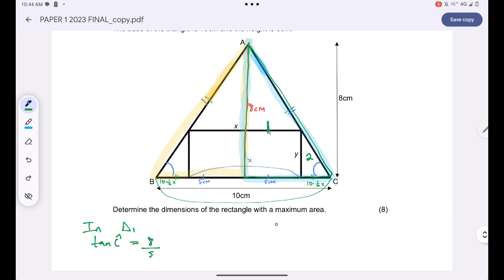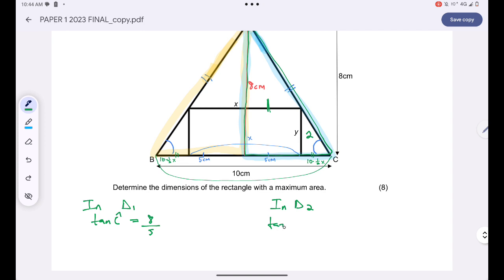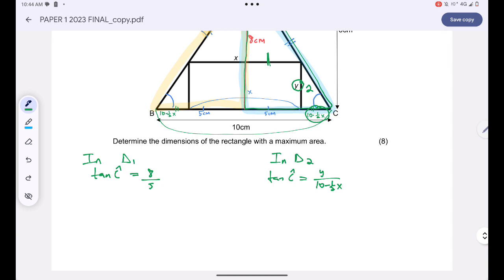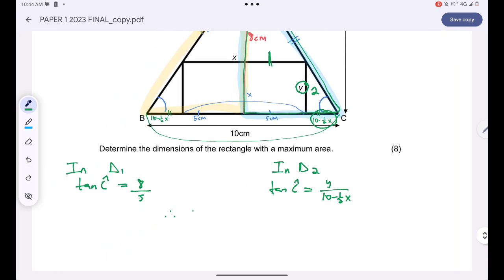But in triangle 2, tan of angle C is equal to the opposite, y, all over the adjacent side, 10 minus 1/2 x. I have tan C equal to something, and I also have tan C equal to the other thing. I can therefore conclude that 8 over 5 is equal to y all over 10 minus 1/2 x, because both of these statements are equal to tan of angle C.